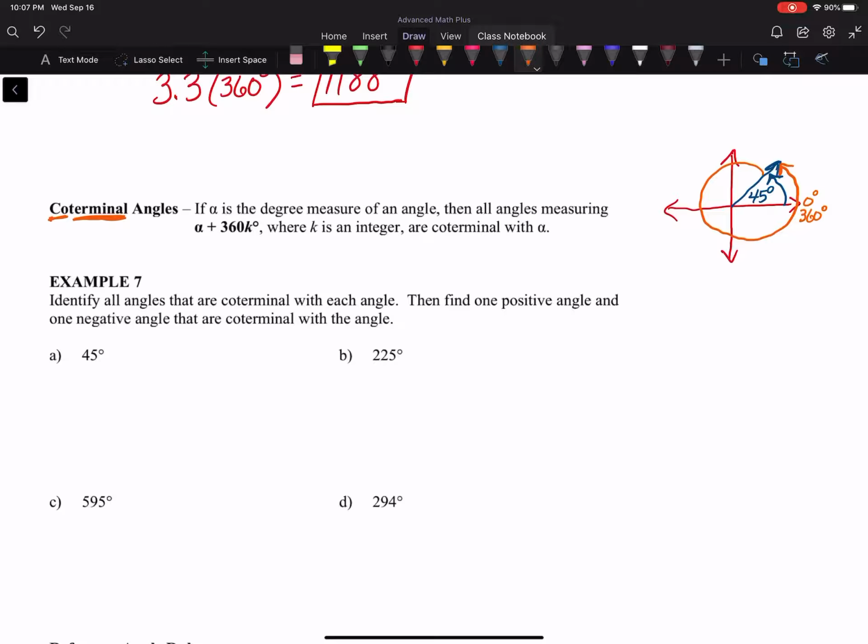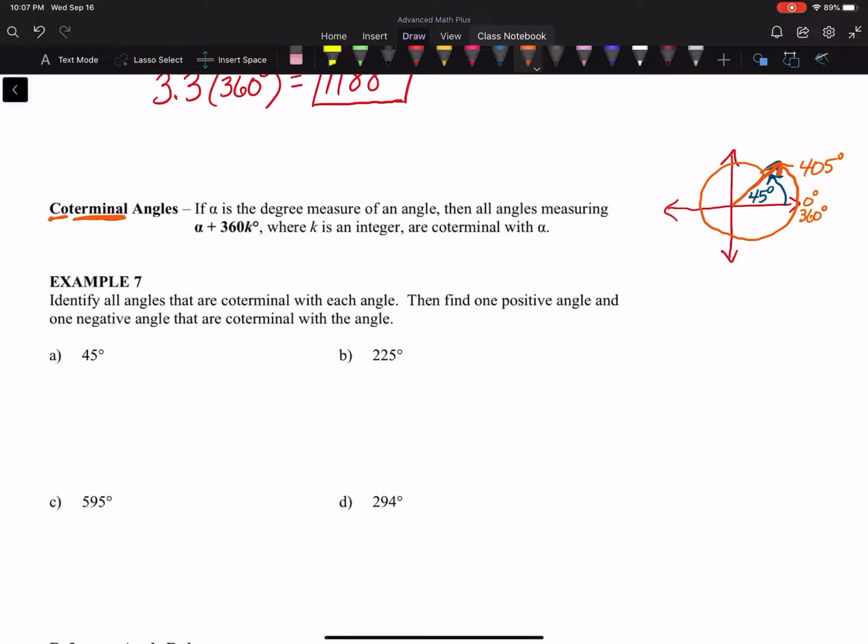So this side right here that they're sharing is the terminal side for both 45 degrees and for 405 degrees, because if you said 360 plus 45, you would have 405 degrees. So those two angles share the same terminal side.